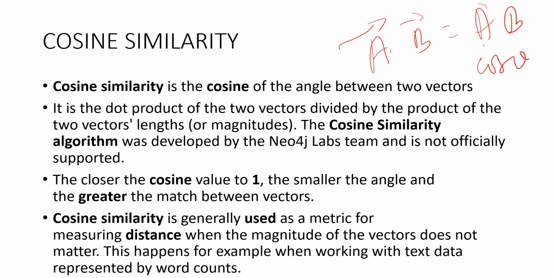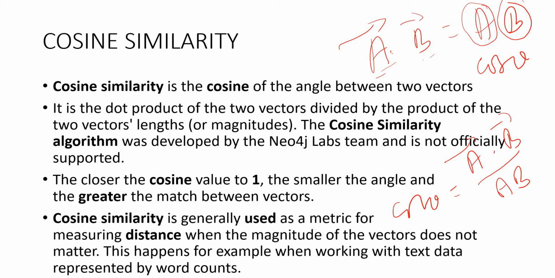Here |A| is the magnitude of vector A, |B| is the magnitude of vector B, and theta is the angle between the vectors. This is vector A, this is vector B, and this is the dot product. So from here you can write cos theta is equal to A dot B divided by |A||B|. This is the cosine similarity. This is the equation we use for cosine similarity.